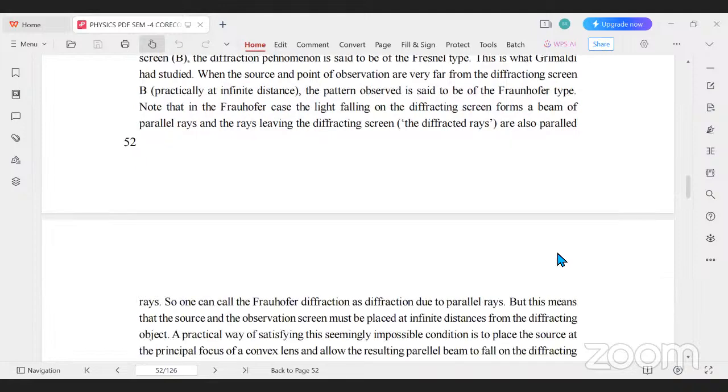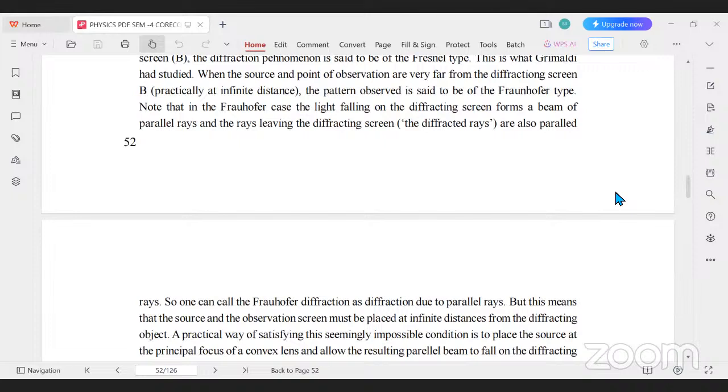One can call this Fraunhofer diffraction, diffraction due to parallel rays. But this means that the source and the observation screen must be placed at an infinite distance from the diffracting object.